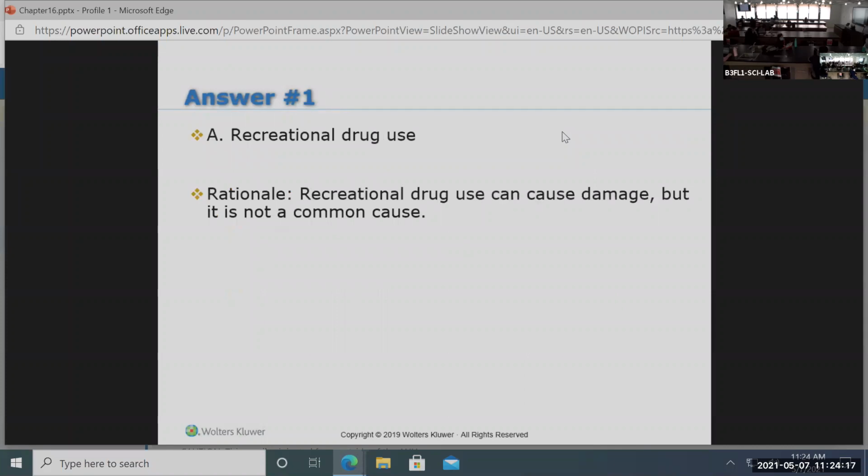Recreational drug use can cause damage, but it is not a common cause. It's going to be a common cause right now because all are legalized. You folks understand what I mean? Marijuana, cocaine, marijuana especially, all legalized.